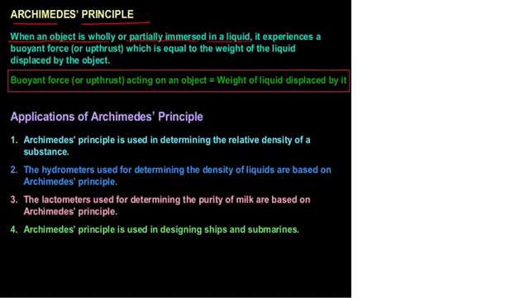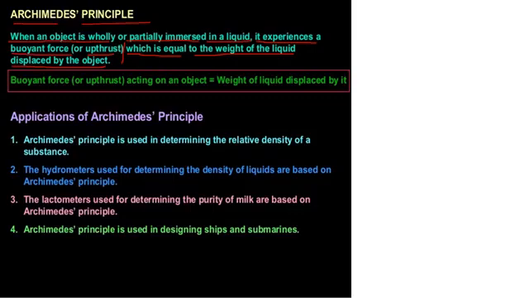Okay, we have already done this experiment. It experiences a buoyant force, the upthrust force. And this upthrust force is equal to the weight of the liquid displaced by the object. We have already seen this in an experiment.